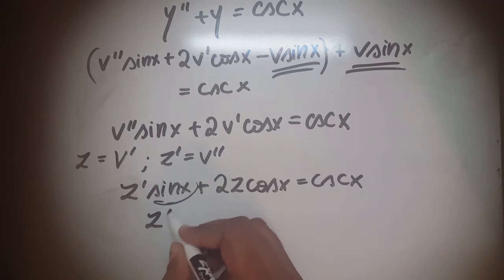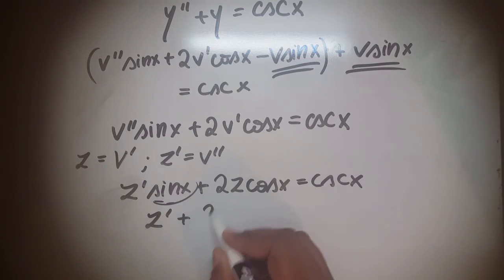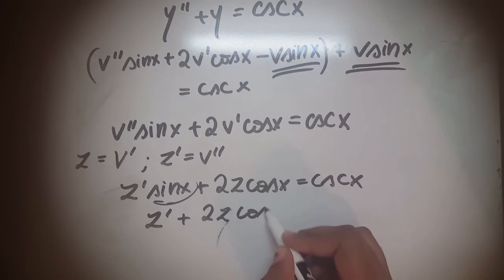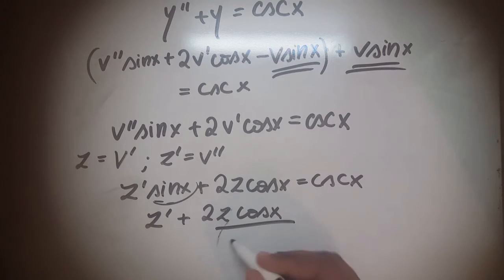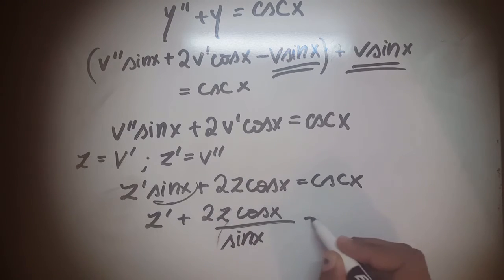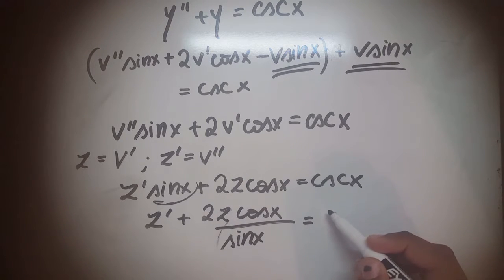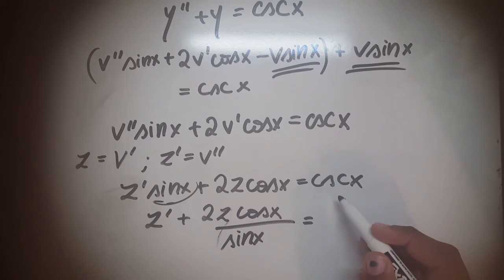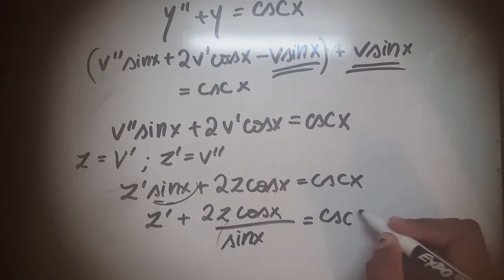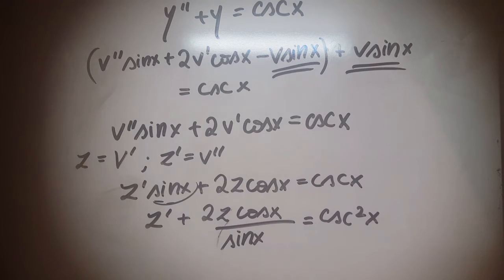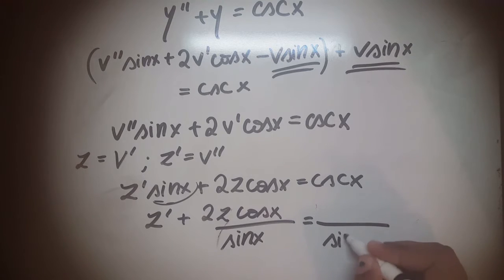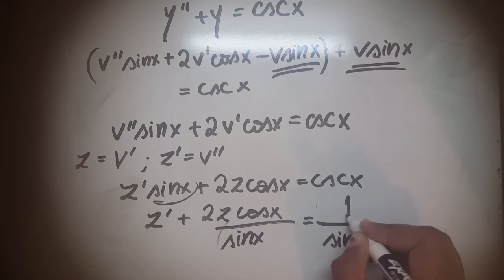So we get z prime plus 2z cosine of x divided by sine of x, equals cosecant squared of x, which I think it would be best to just write as 1 over sine squared of x for now.